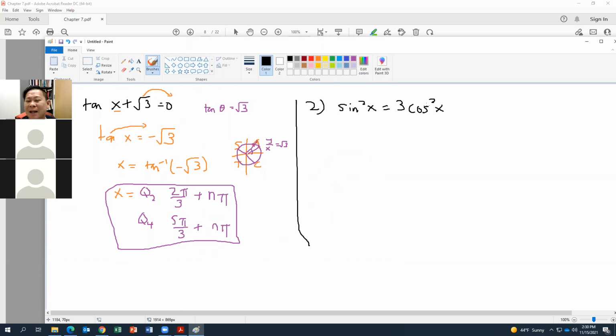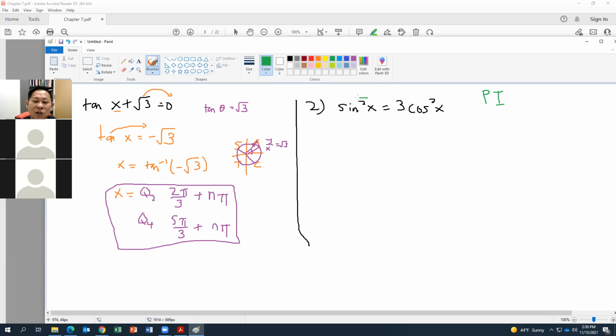So if they give you sine and cosine like this, you cannot solve it. You have to make everything all in terms of sine or all in terms of cosine. So in this case, they are squared, so we can use a Pythagorean identity here. And you can change sine to cosine using Pythagorean, or cosine to sine using Pythagorean.